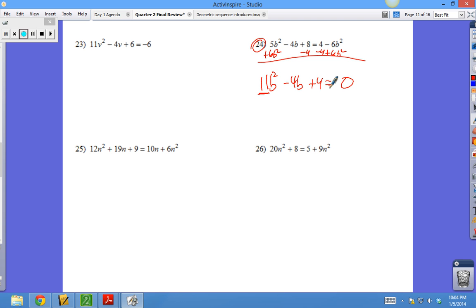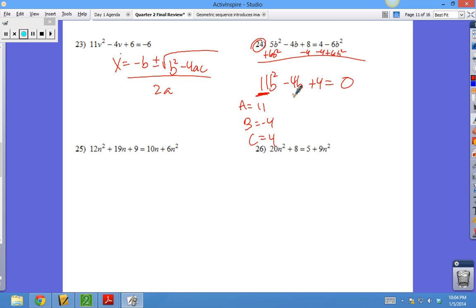Whenever a problem is too messy, let's just use the quadratic formula. x equals negative b plus or minus the square root of b squared minus 4ac, all over 2a. It's in standard form, so I can find a, b, and c easily. a is how many squares you got, b is how many linear pieces, how many x's you got, and c is how many numbers you got all by themselves.